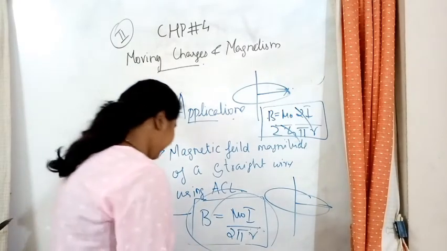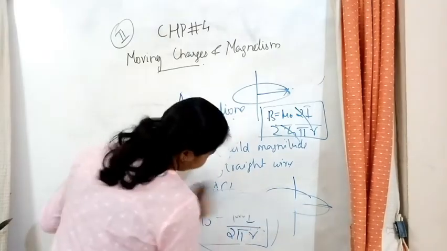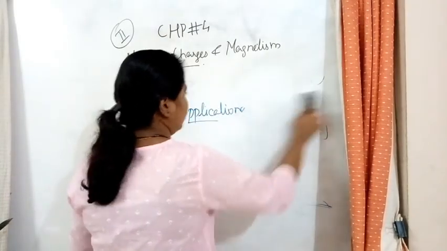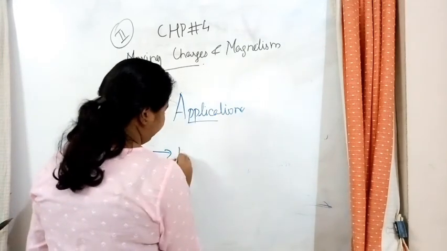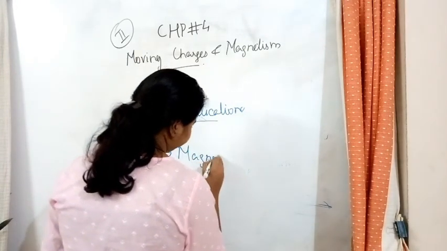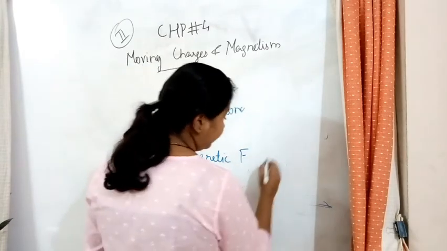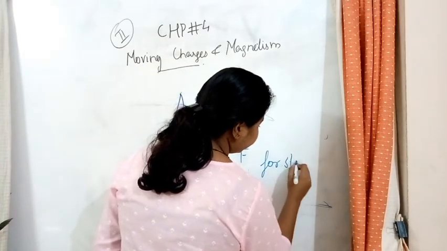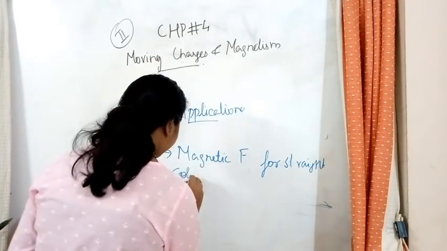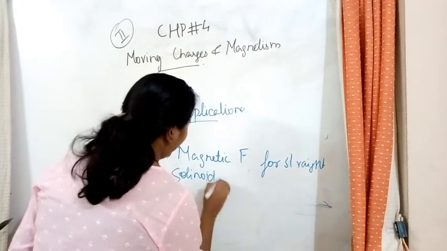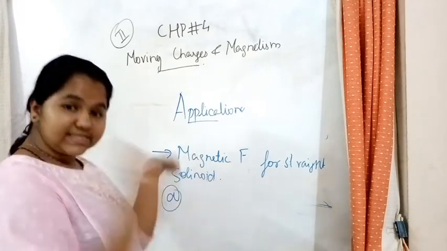The second application that we have to learn is the magnitude of magnetic field for a straight solenoid. Here we have two cases. Case one is any point inside the solenoid.